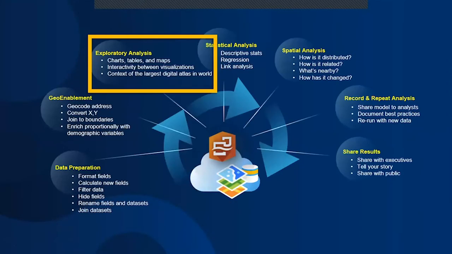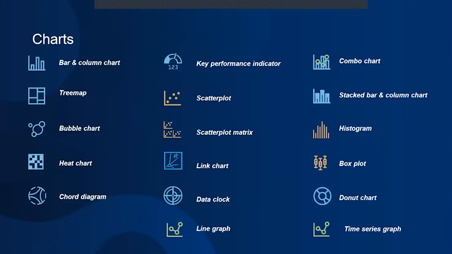So moving to the exploratory analysis, this is the second part of this webinar. So we can see how we can review our data through charts, tables, maps, and how they are interconnected with each other. To explore the data through charts, we have 17 different charts that we can use.